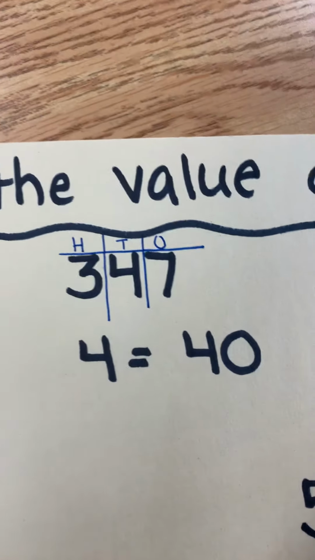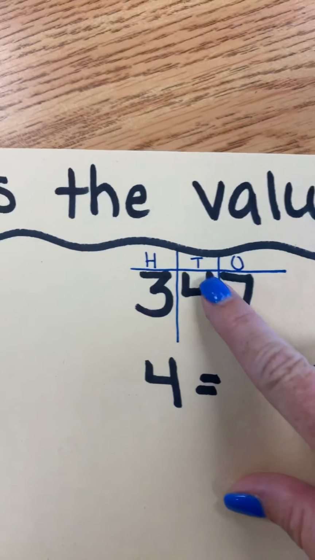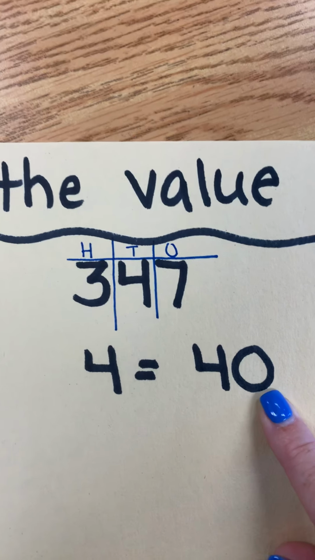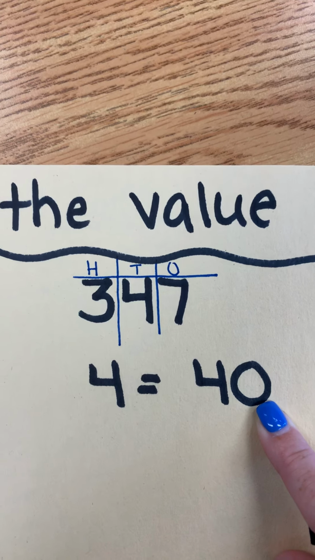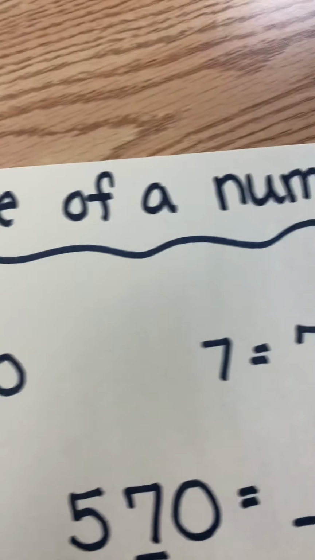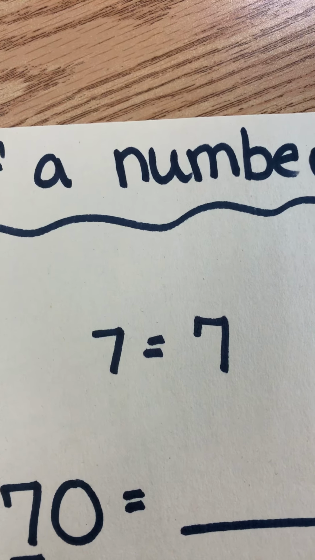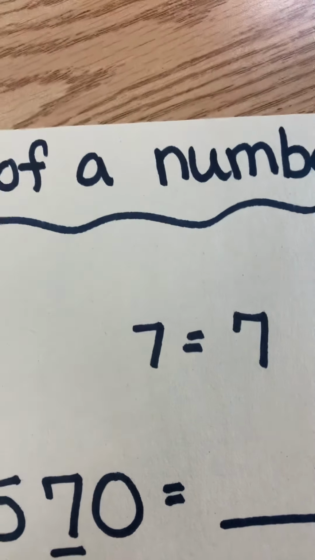If I wanted to know the value of the digit 4, it's in the tens place here. So the 4 actually is 40. 10, 20, 30, 40, because it is in the tens place. And then if I wanted to know the value of my 7, since it's in the ones place, it's just worth 7, not 70, not 700, because it's in the ones place.